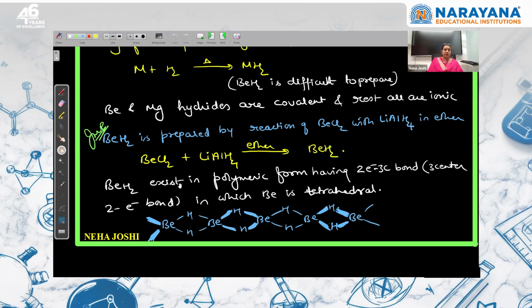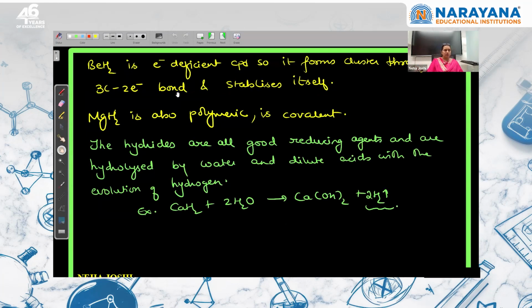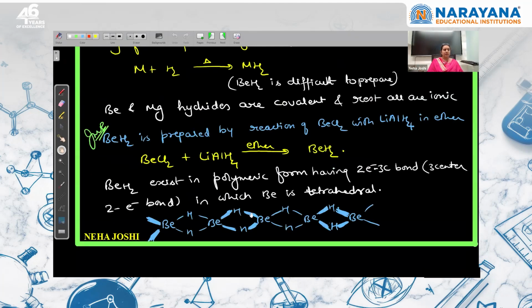As I have already told, BeH2 exists in polymeric form, like this. And similar will be the tendency of BeCl2 also, though the bonding will be slightly different. Here I am saying it is a 3-center 2-electron bond.